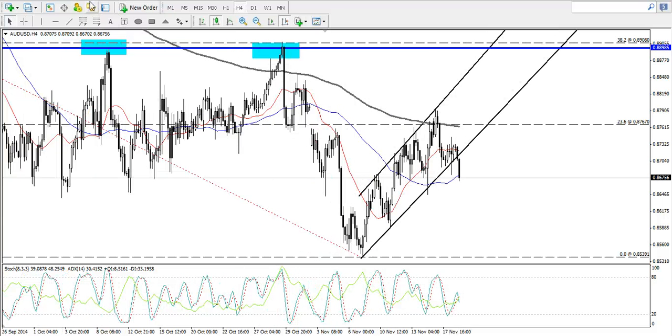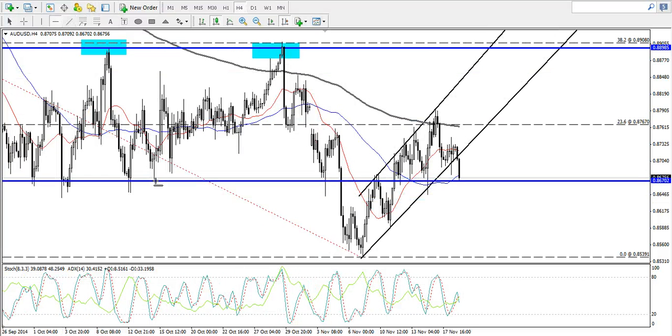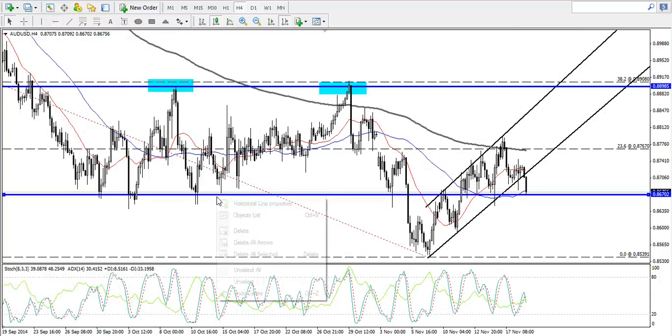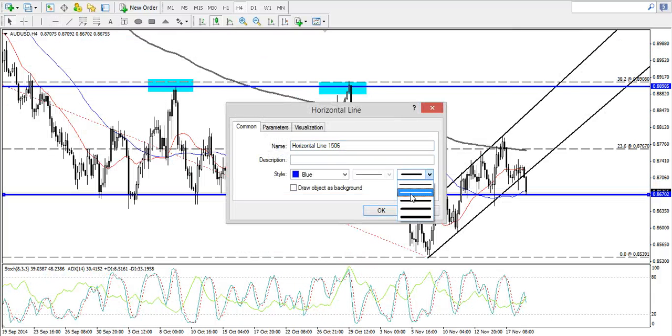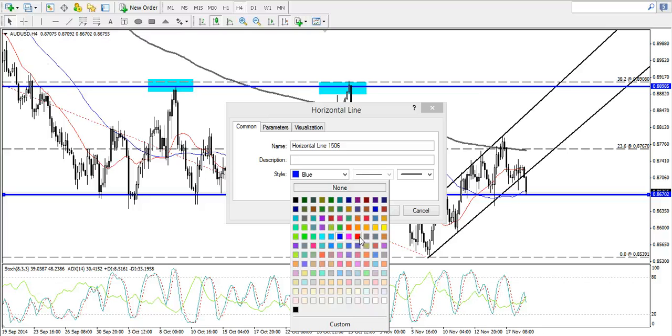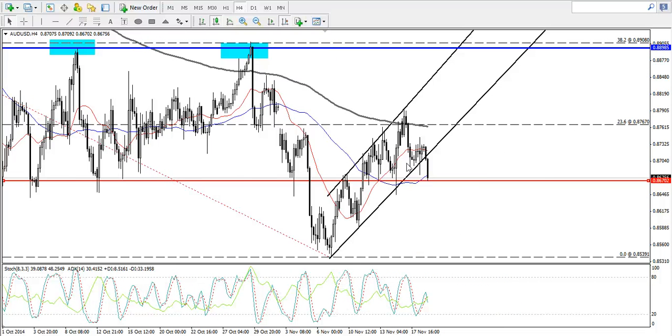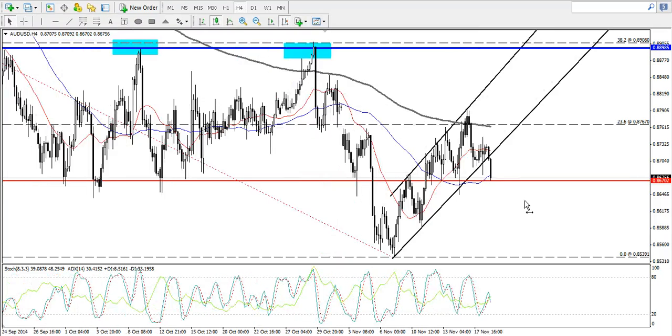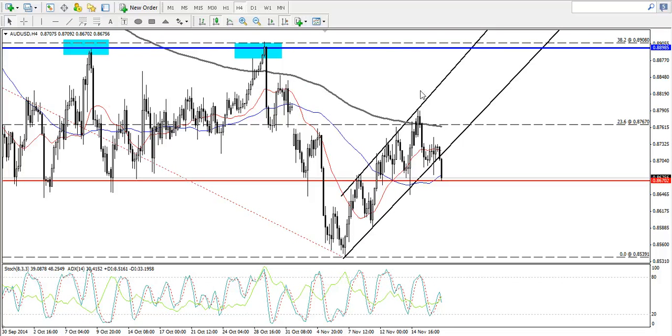So one of the key support levels is here. With price being resisted at the 200 moving average, coming down and getting supported at this level, if we do see a rebound from here, then we can expect the price to appreciate even further.